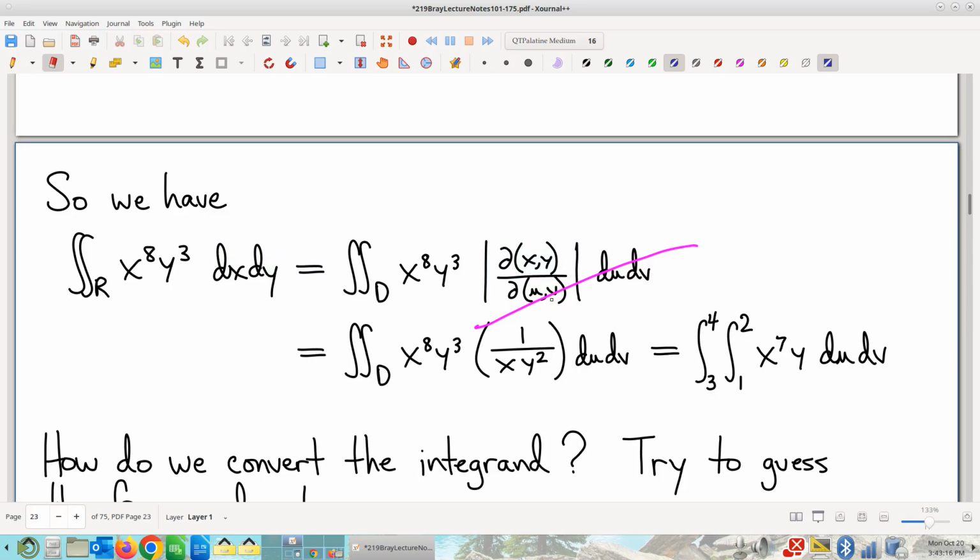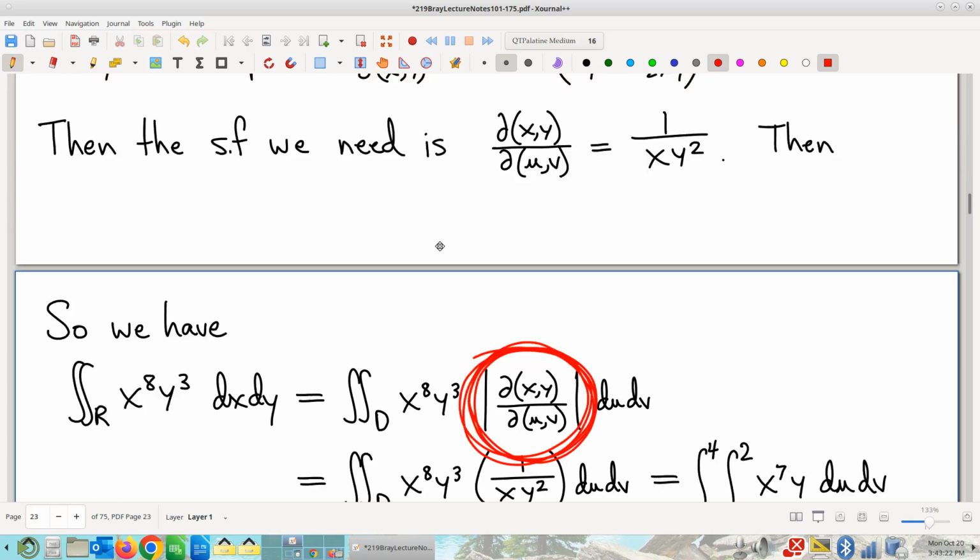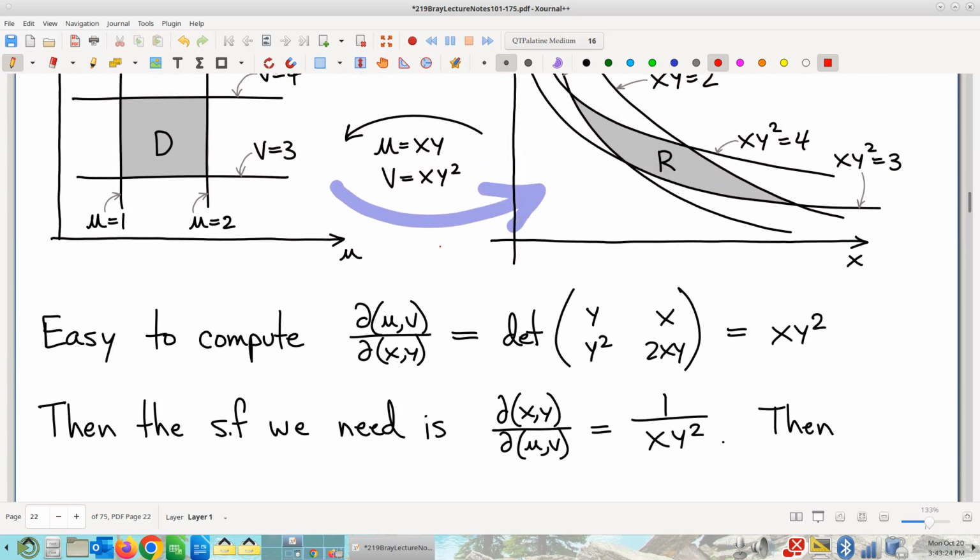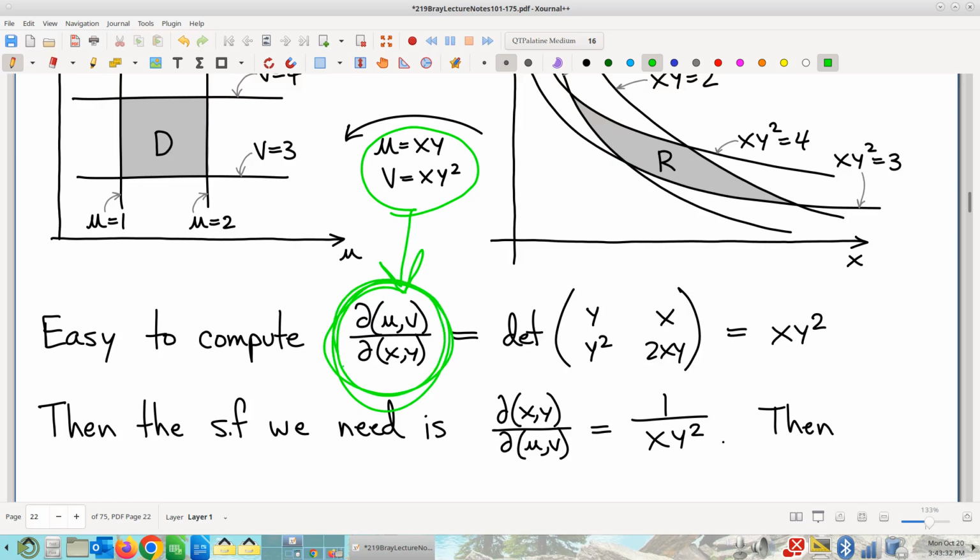Okay, so I need partial xy, partial uv. I don't have formulas for x and y, but I do have formulas for u and v, and I can compute partial uv, partial xy. That's just a couple of easy partial derivatives, nothing to it.